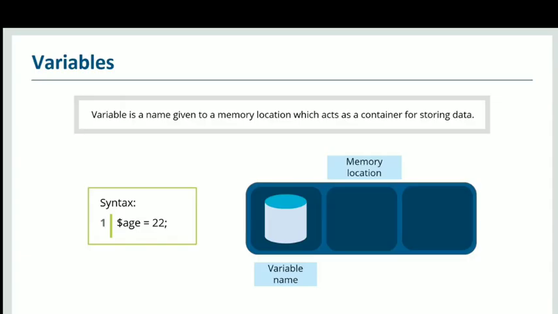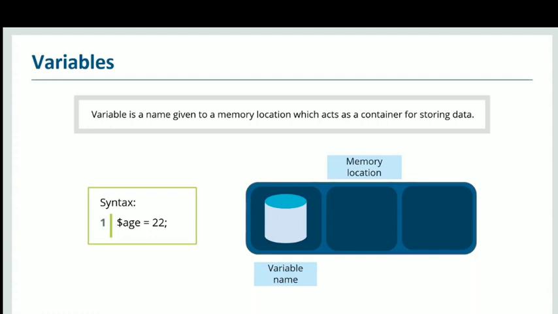So the first thing that we are going to learn in PHP is how to declare a variable. Now if you don't know what a variable is, because probably you're coming from a non-computer science background with no prior experience in programming, well, a variable is a name given to a memory location on your RAM so that you can store a certain value in it. Now consider this blue thing out here, the RAM that is in your computer, and we want to store this age inside.